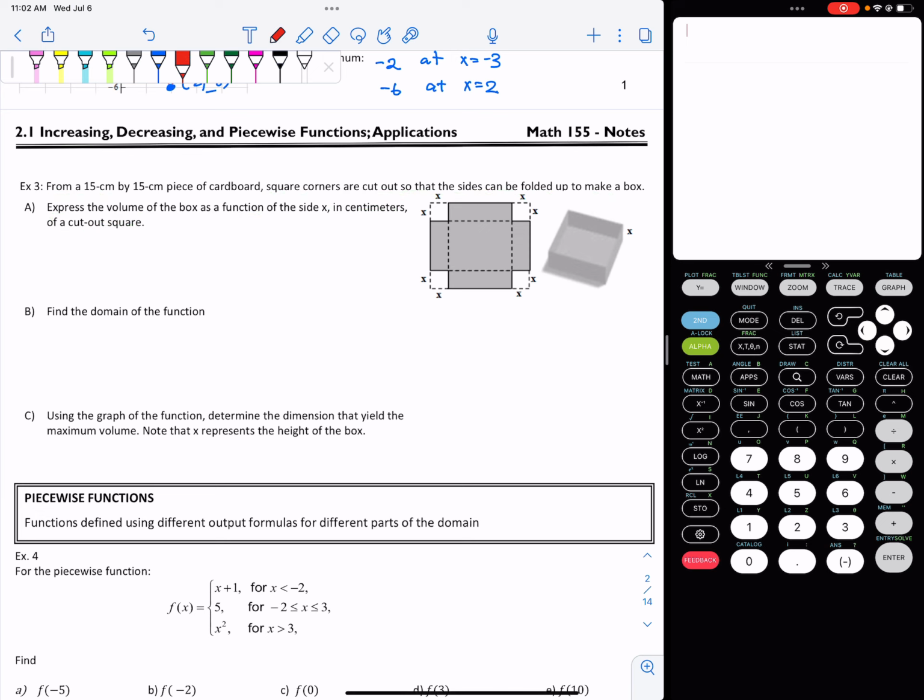So we know that the volume of a box is length times width times height, but we want to represent these using just x. Over here we have a piece of cardboard that is 15 centimeters by 15 centimeters.